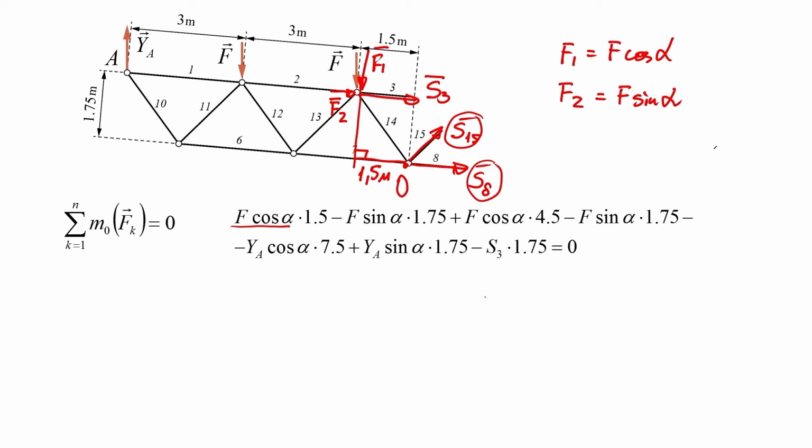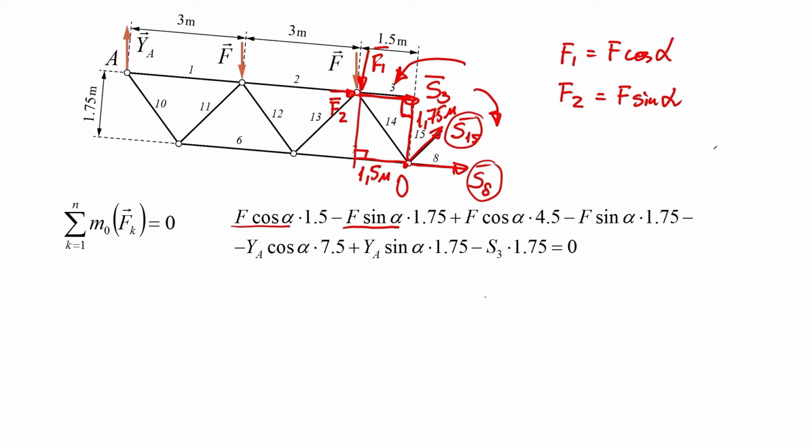The moment has the plus sign because the force is tending to turn the body counterclockwise. The moment F2 is equal to the product of F sine alpha and the arm, which is equal to the height of the truss of 1.75 meters. The moment has the minus sign because the force F2 is tending to turn the body clockwise.